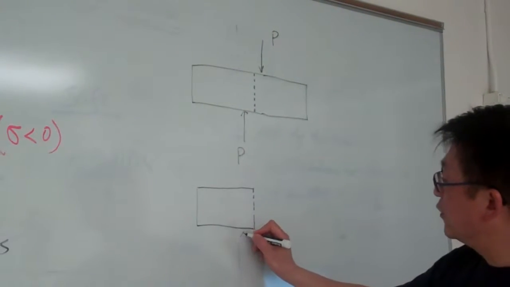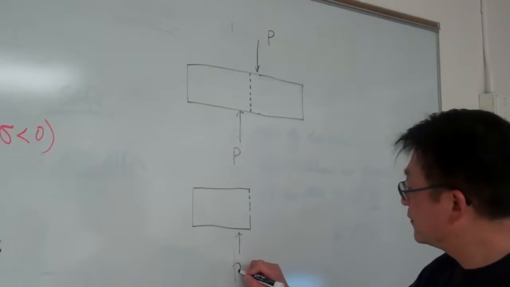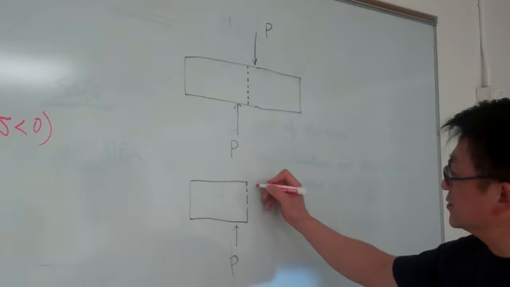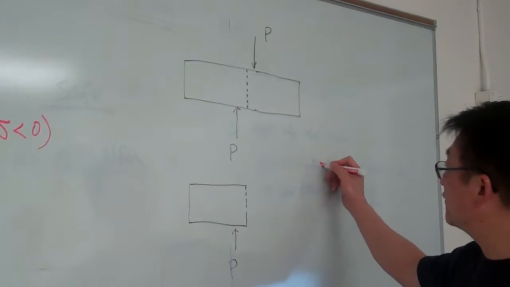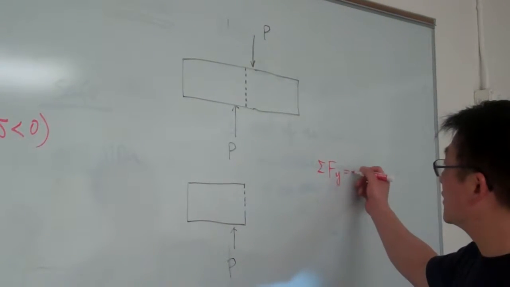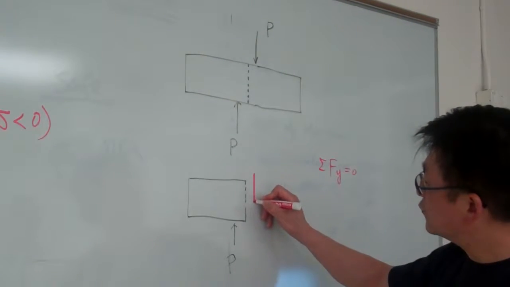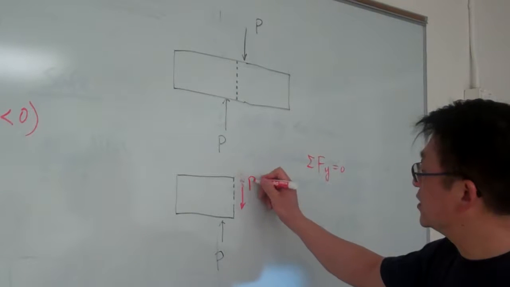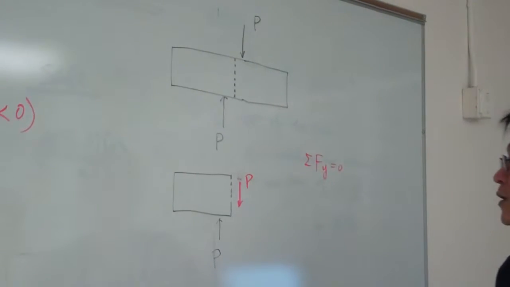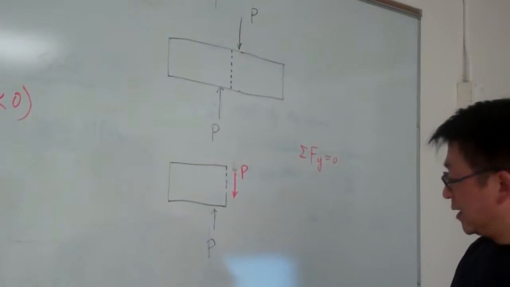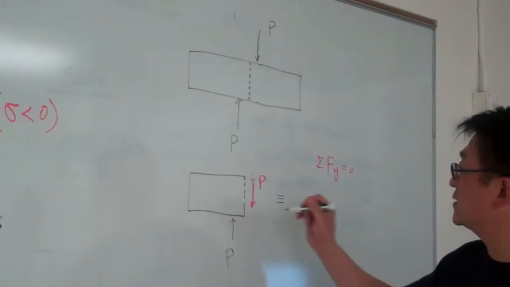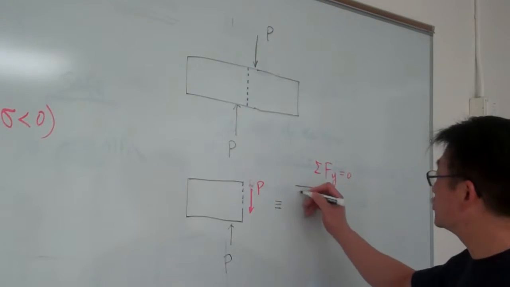This is our given loading. On this cross section, we must have balance, so we use the sum of forces in the vertical direction equal to 0. We find that on this cross section we must have a force of the same magnitude P pointing downward. In terms of stress, that can be drawn like this.